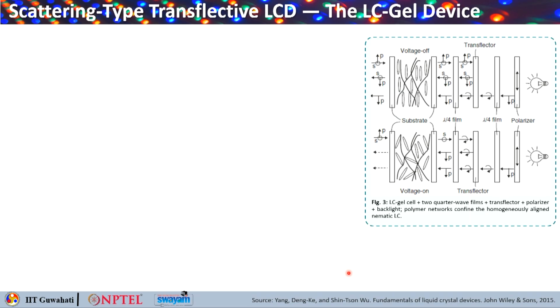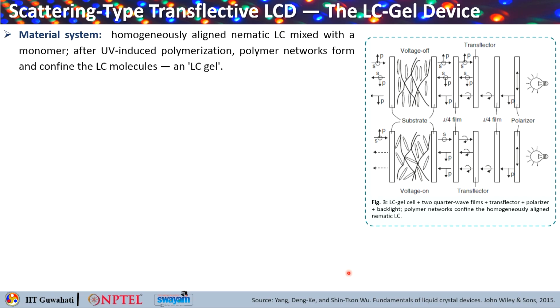Now we move on to the next type, the scattering-type transreflective LCD. This is based on a liquid crystal gel, so it is a liquid crystal gel kind of device. Here you see the schematic of the liquid crystal gel, plus two quarter wave plates, a transreflector, a polarizer and the backlight.